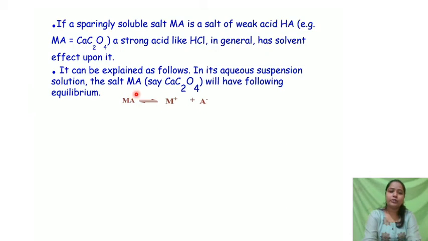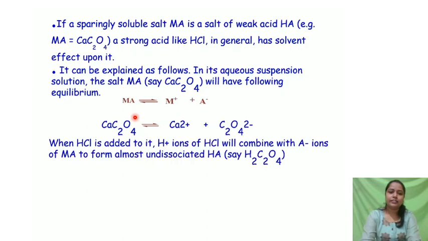If strong acid is added into that solution, when a strong acid like HCl is added to it, the H+ ions of HCl will combine with A- ions of MA. That means H+ ions combine with A- ions to form HA.